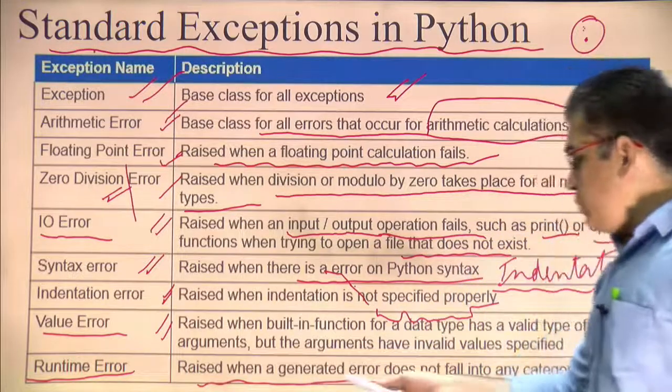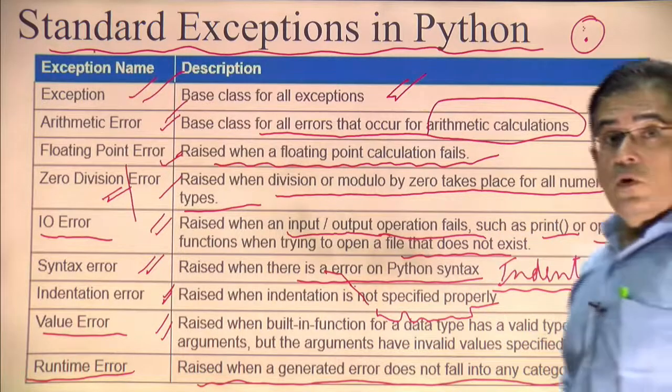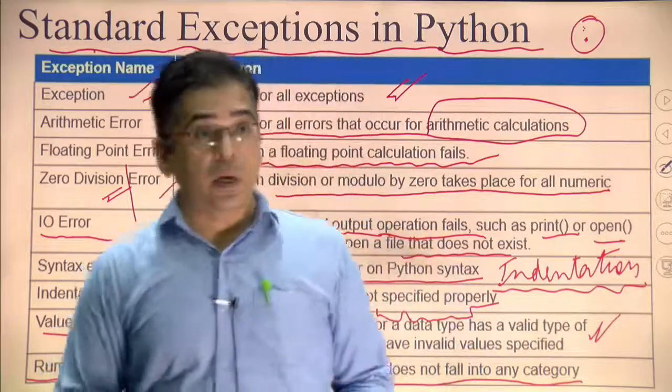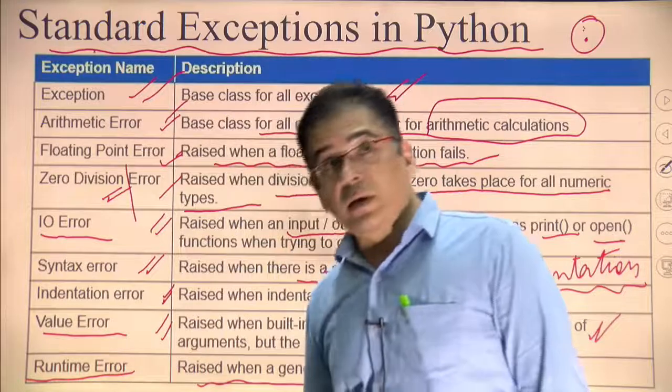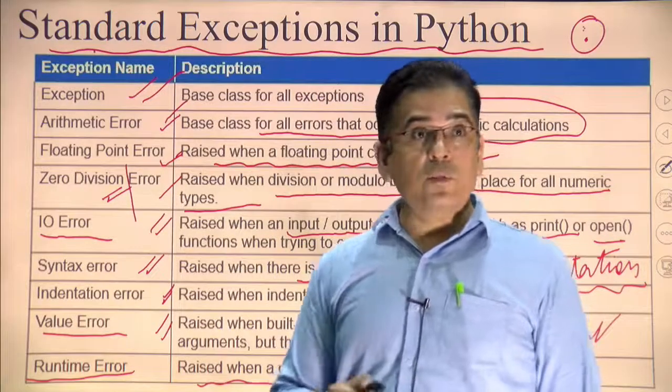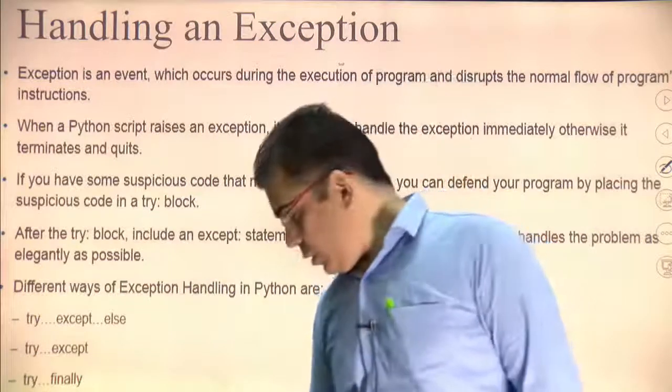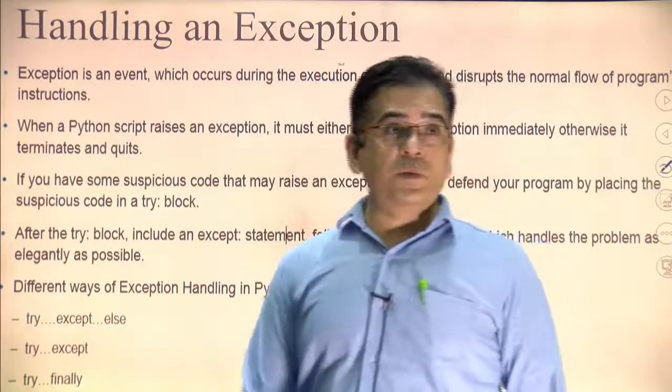So it is raised when a generated error does not fall under any category, and still the execution of the program is interrupted. That is called a runtime error. Python provides the functionality to handle this error as well. So now, how to handle an exception in Python?